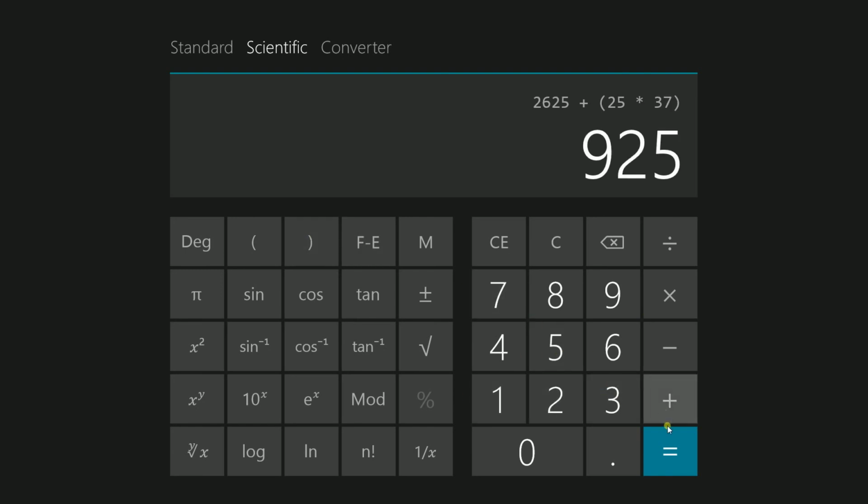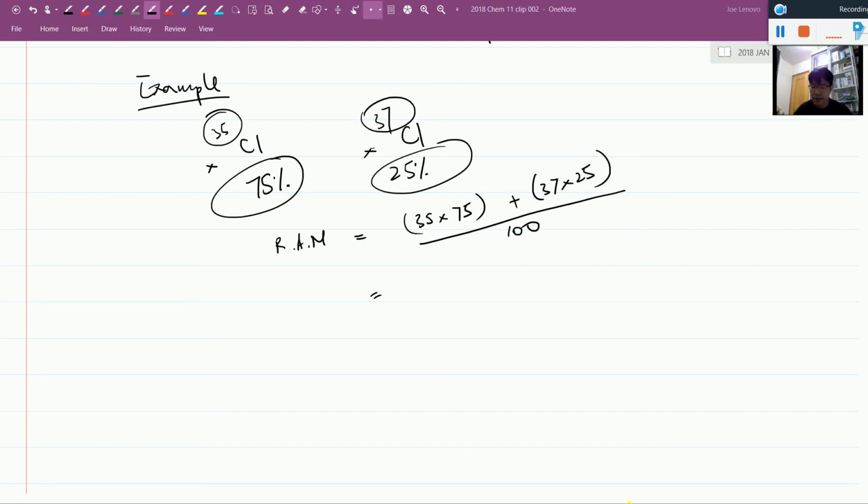You can try to do that with me at the same time. Altogether it is 3,550. But remember, we need to divide by 100 to get the answer. Divided by 100, we have 35.5.